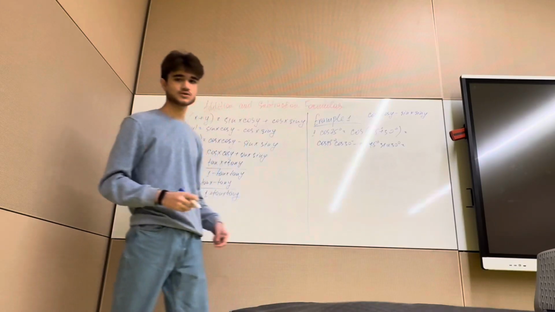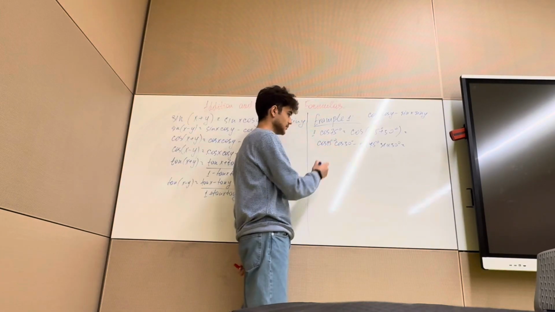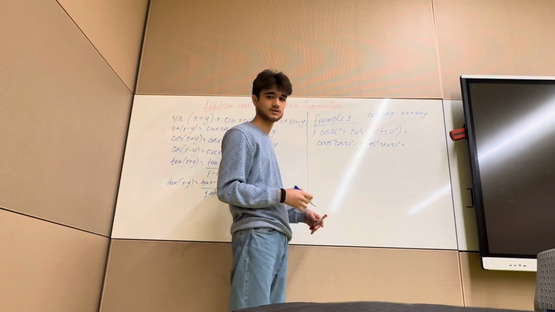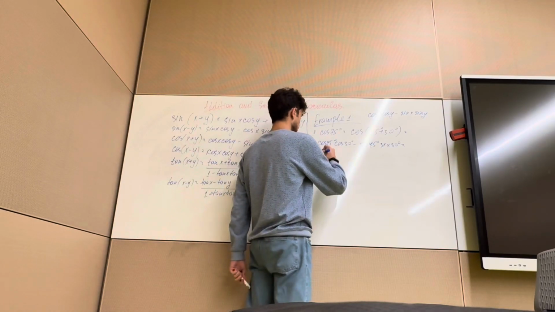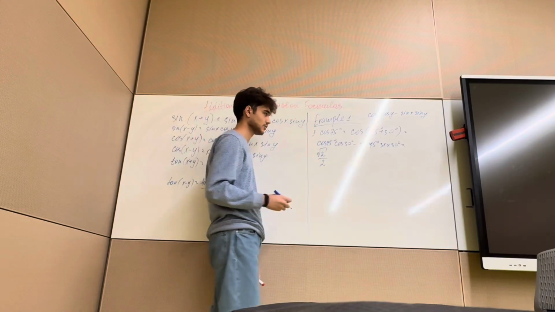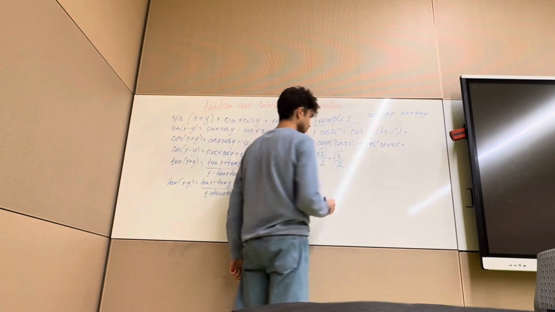So generally it looks like this as we derived from the formula, and now we will see what cosine 45 and cosine 30 are in order to represent it in a better way. Cosine 45 is, as we all know, this, and cosine 30 is square root of 3 over 2.